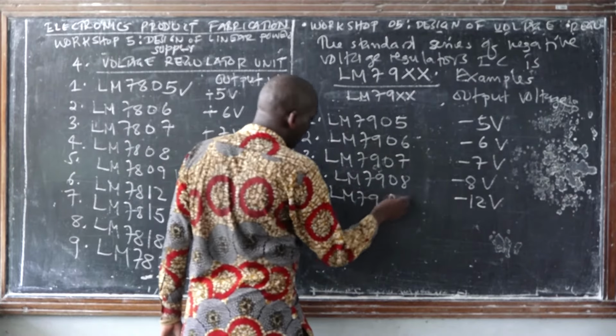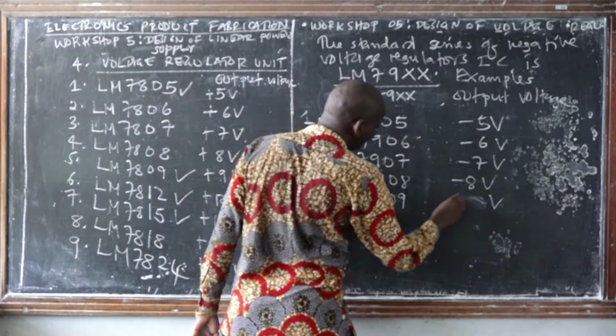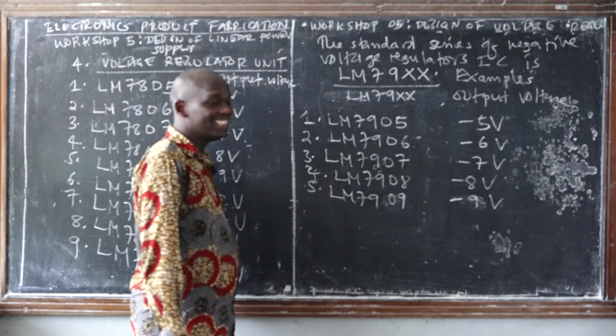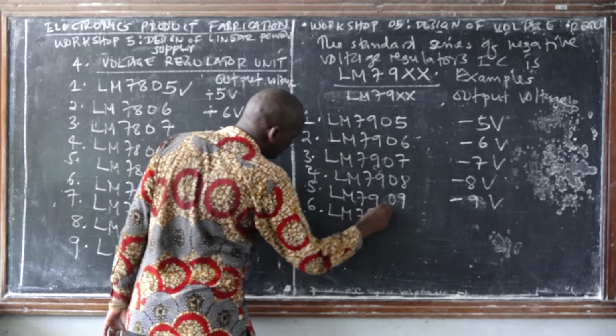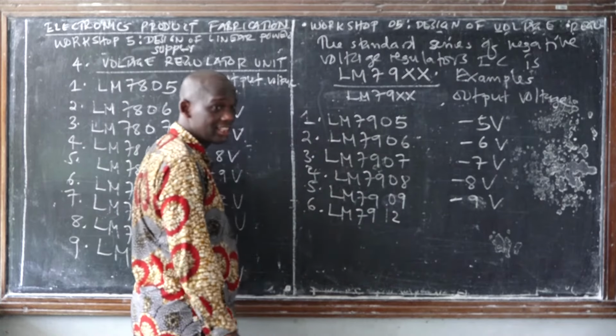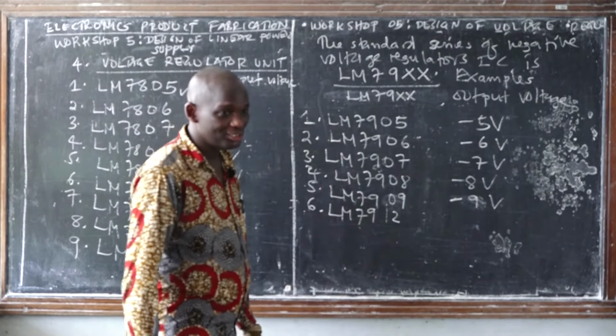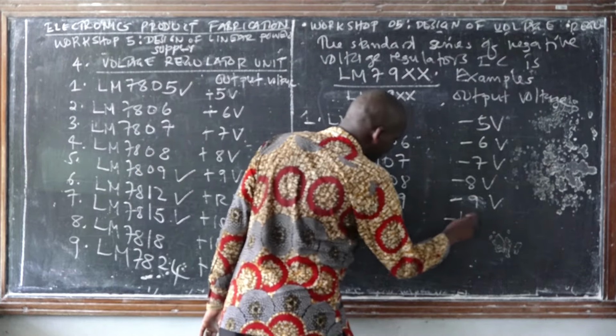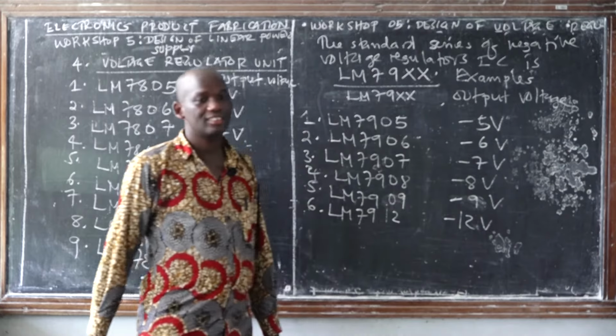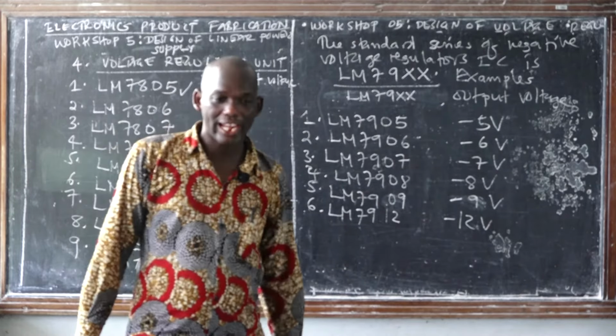Okay, so now Johanna is in the class. Negative 9. Then Jessica, LM79 what? 12. Today you are sick, eh? You cannot talk much, eh? Okay, thank you. This is negative 12 what? Volt.